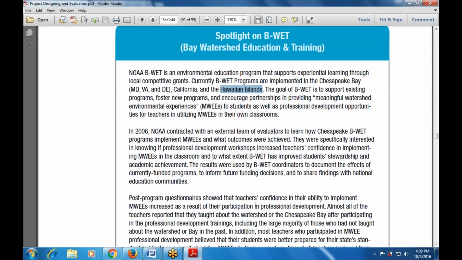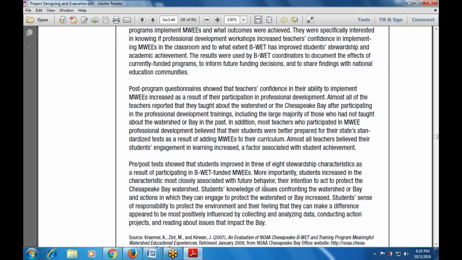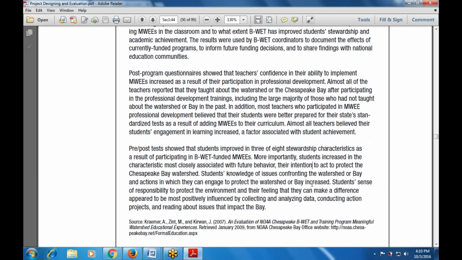It is also used in the classroom, and the pre-program questionnaire shows how confident the teachers will be about the project. Post-program questionnaires were also developed on their ability to implement the results of the participants' professional development. The pre and post tests also showed that students improved in 3 of their 8 steward characteristics as a result of participation.